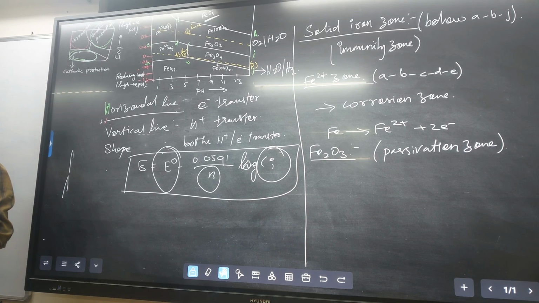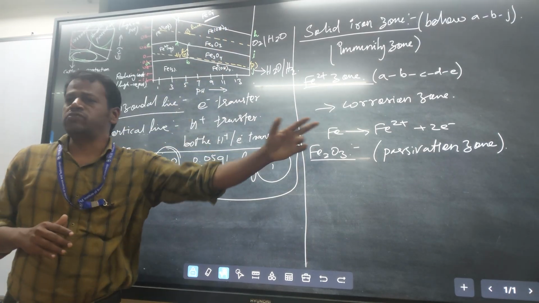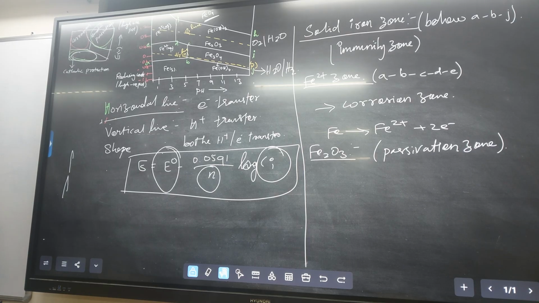Because the corroded product is deposited on the surface of the metal, it restricts further corrosion, or else the rate of corrosion here is less. Okay, passivation zone, you write that explanation.